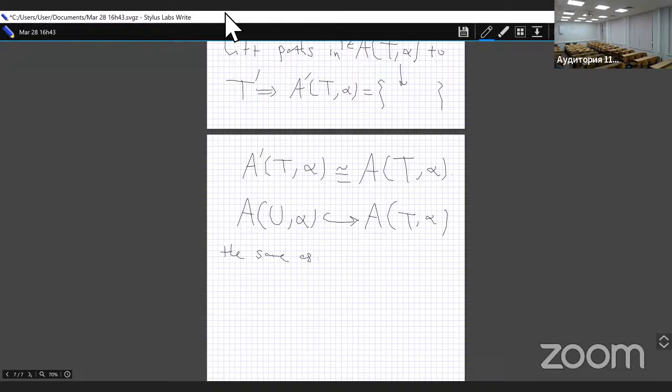First, I go here, just A T alpha, and then by inclusion, sorry, it's not the same. I have this, and I identify this, so it gives me this. If I can do this.